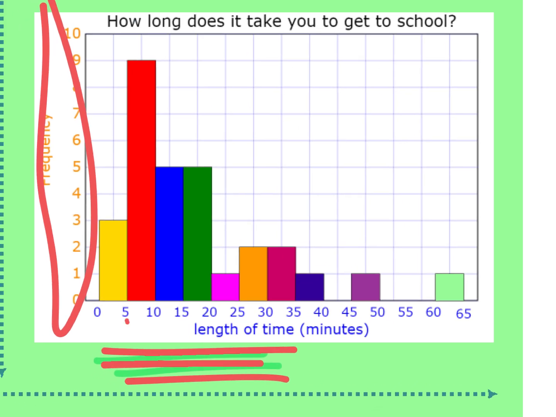Do you get how they lump people together that are between 0 and 5 minutes? And there were 3 of them. See, it's like little sets of people. The red bar, this bar here, that's people that have between a 5 and a 10 minute commute. So that's the difference. It looks like a bar graph. It's just that the bars have a whole bunch of people in them.